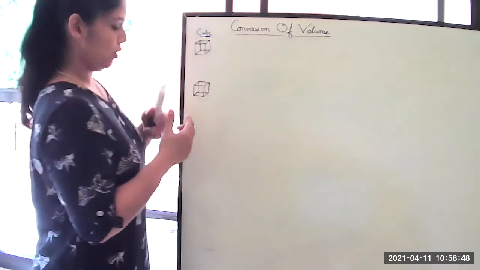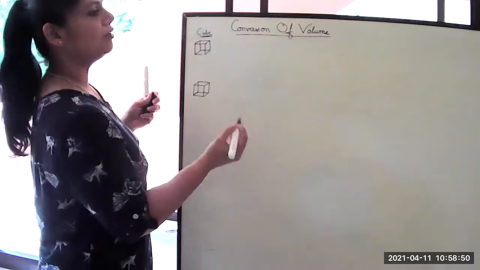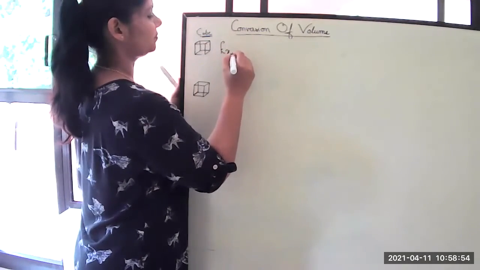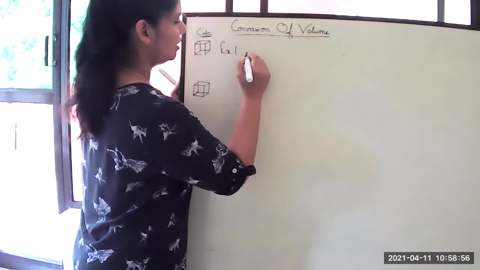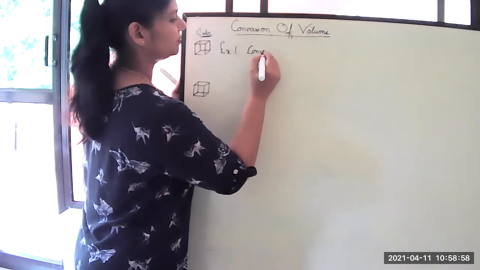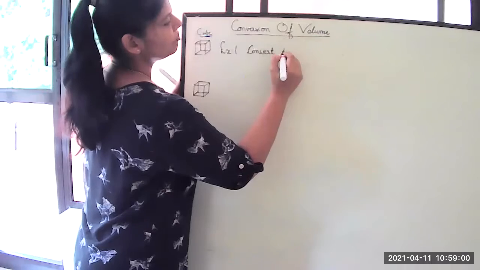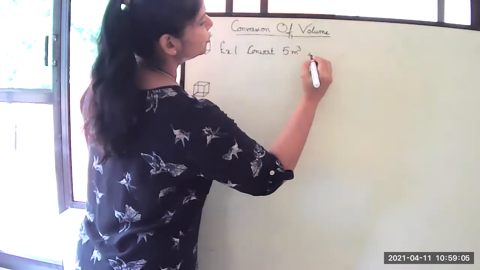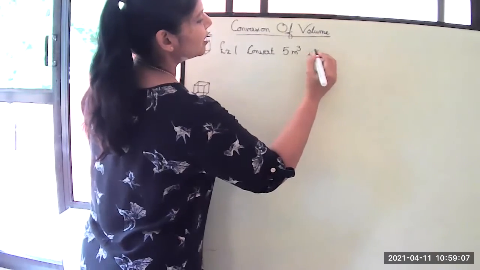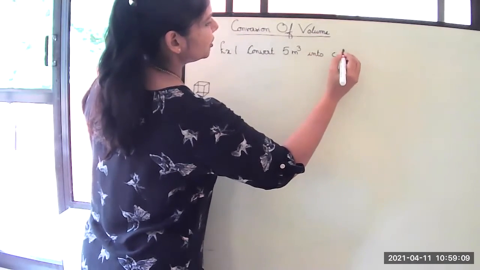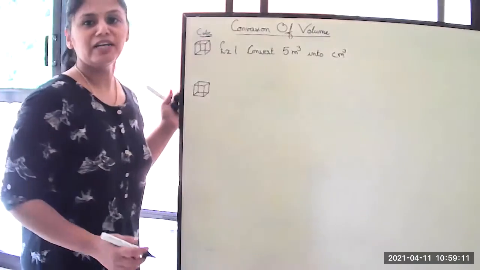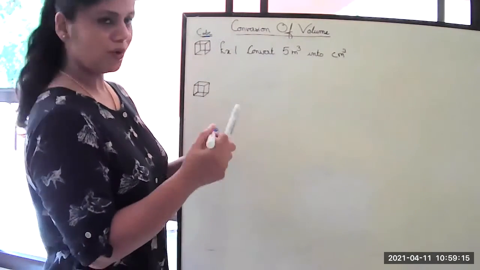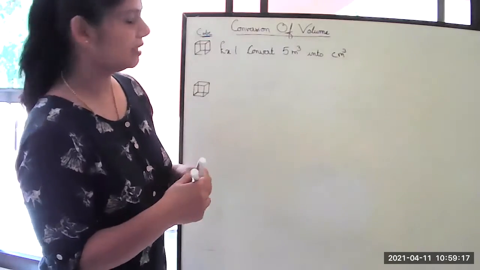Okay, so our first example is convert 5 meter cube into centimeter cube. Now I think you are used to how to do it when it is a smaller and bigger conversion.